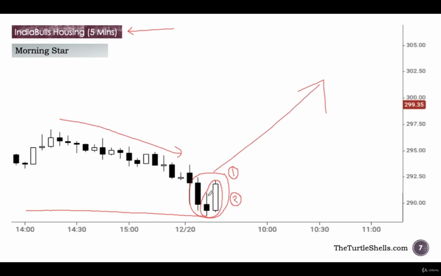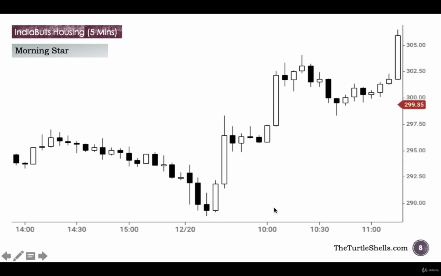So that is how I would look at a morning star. Even though it's not a perfect morning star, the additional confirmation is coming from that bullish engulfing pattern. Okay. So in this case, look how the price has climbed up aggressively. That's the power of the morning star pattern.